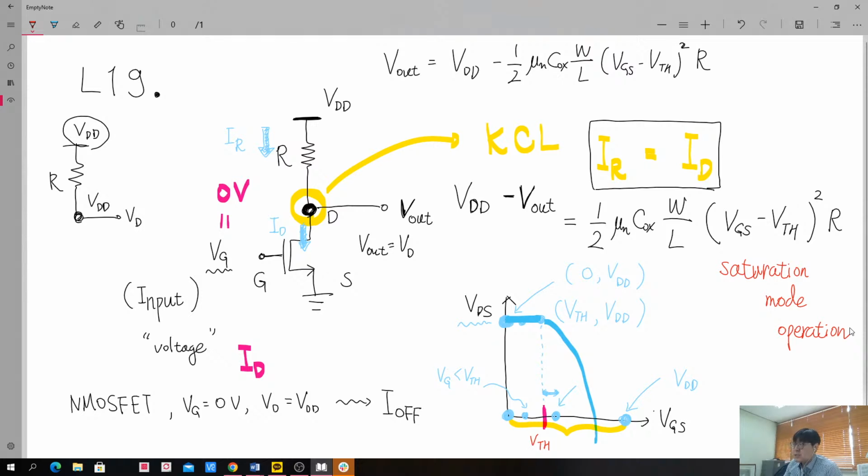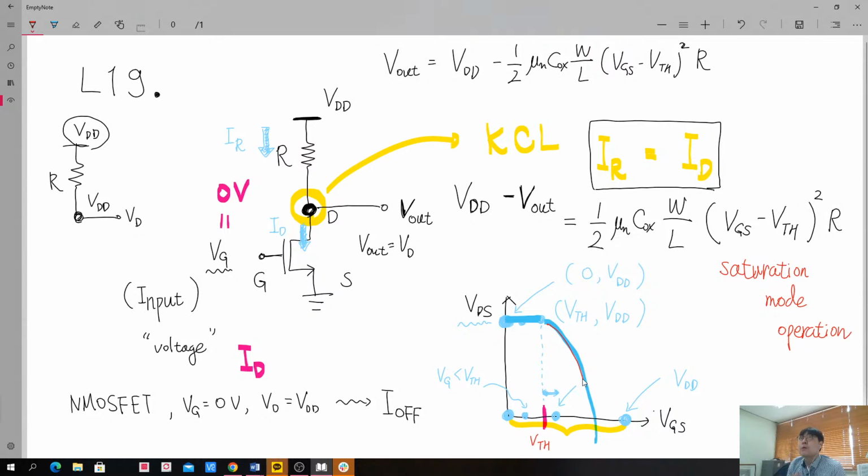But as you can see in this curve, although we start from some point which has quite high VDD, as the gate voltage is increased, the drain voltage is rapidly reducing. At the same time, the gate overdrive voltage is increasing.